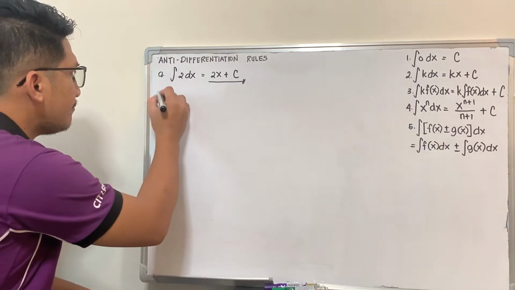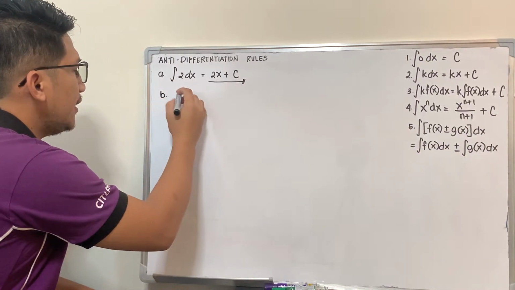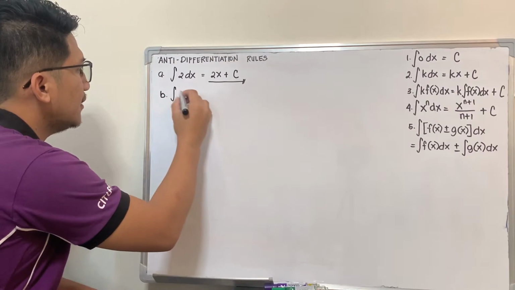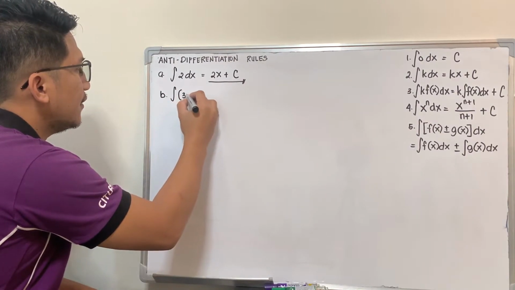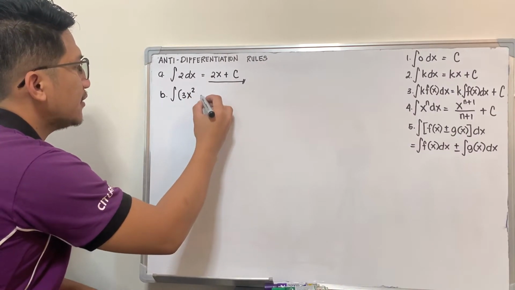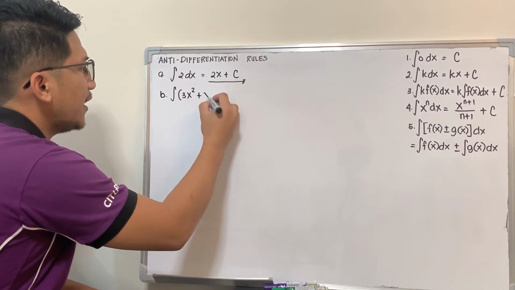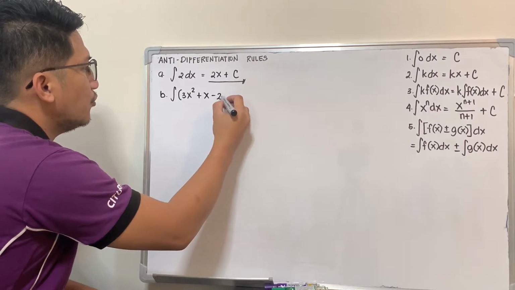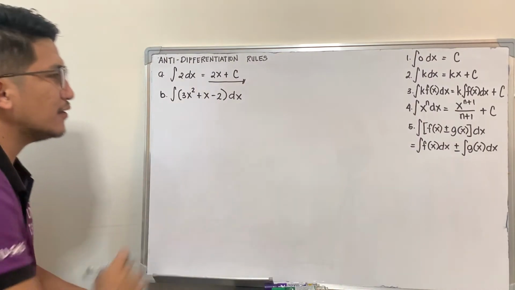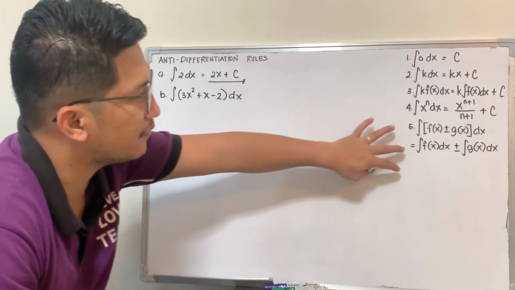Now for letter B, if there are more terms, like let's say the integral of 3x squared plus x minus 2 dx. Okay? So there are 3 terms in here. What we do is we apply rule number 5.